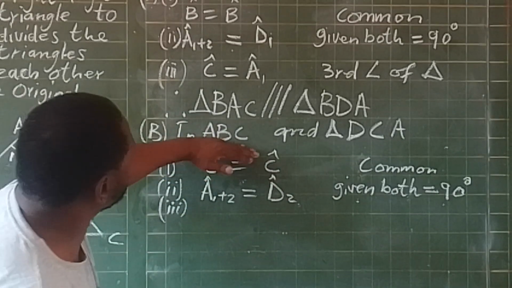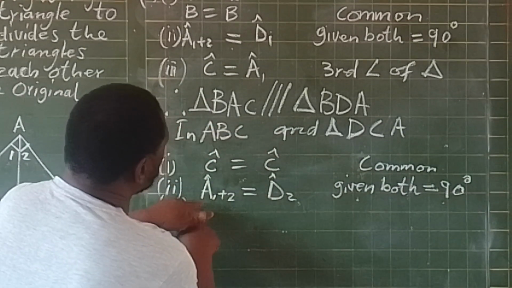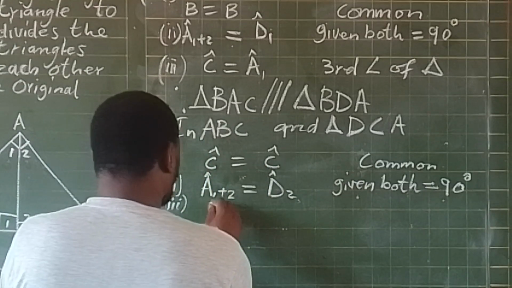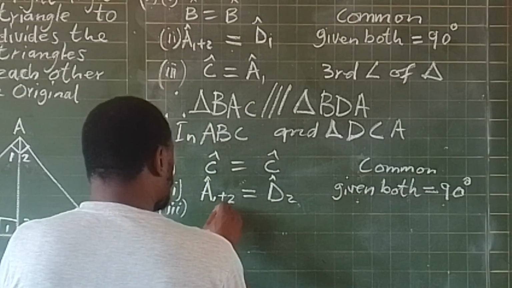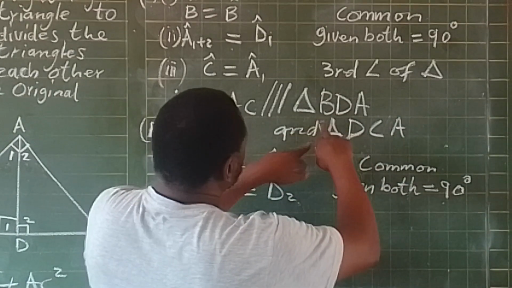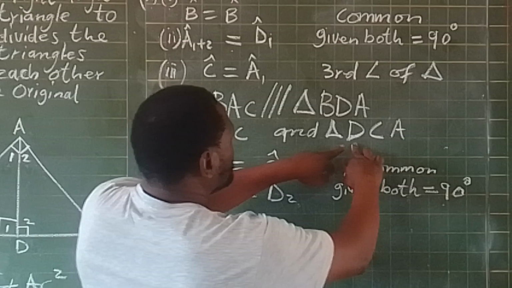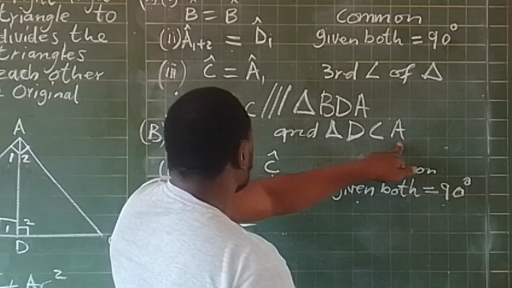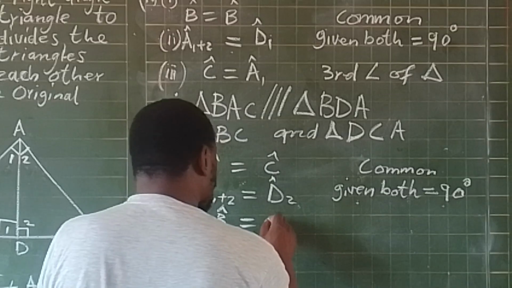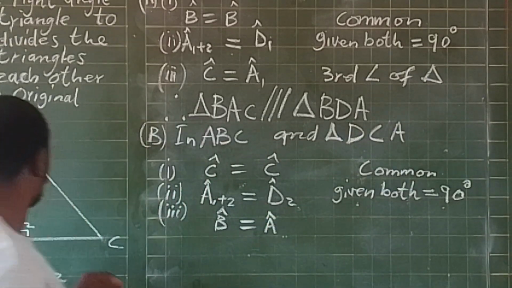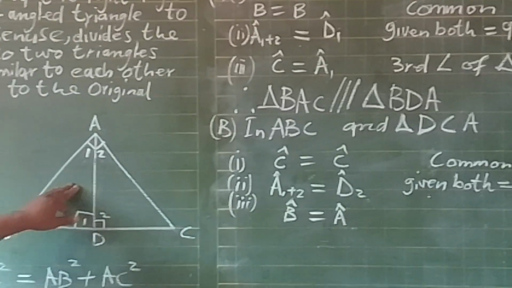You go to your triangle ABC, you can see you have C and A, you are missing B. You take your B here. At DCA, you have C and D, you are missing A. You put your A here, and coming back to the original, what sort of A is this?